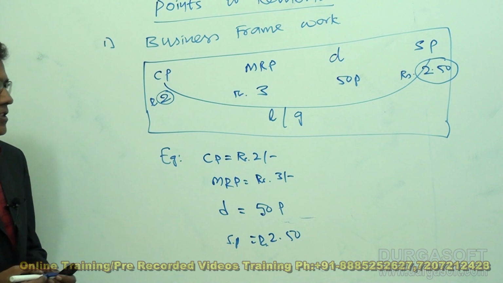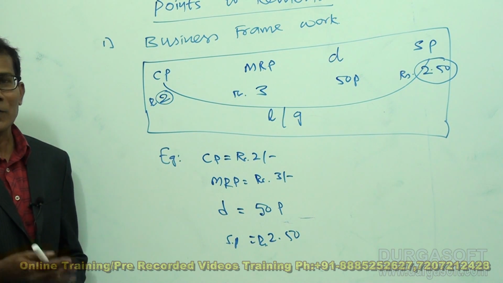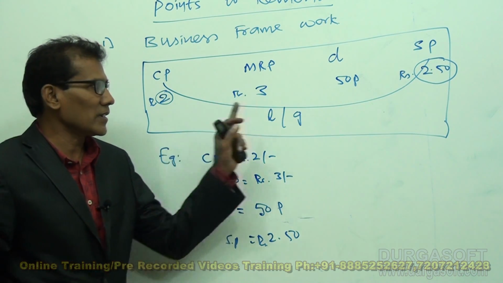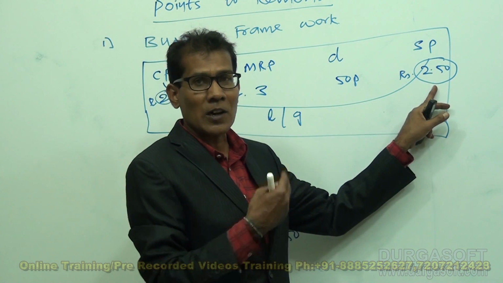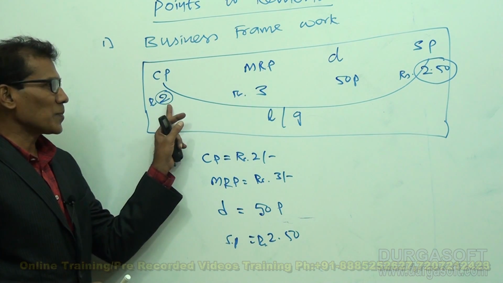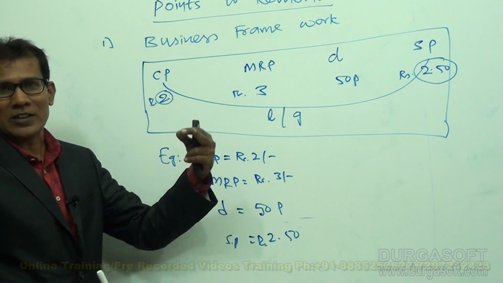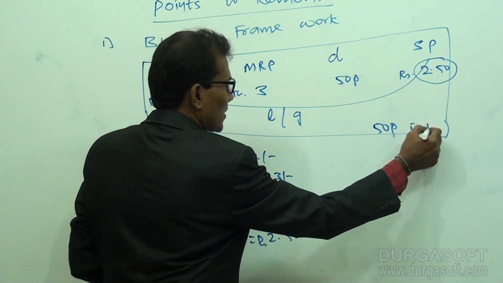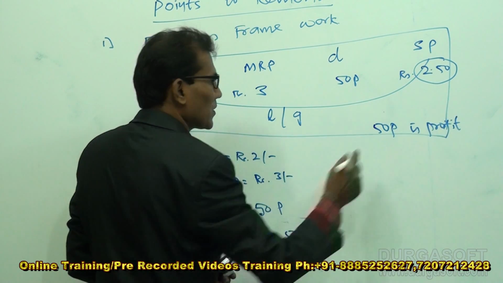Now am I in loss or profit? Obviously profit. Why? Because what I paid to buy the article is smaller than the amount I got after selling it. I am in profit of how much? 2 rupees paid and 2 rupees 50 paise received. So 50 paise is the profit. This is the end of the business.